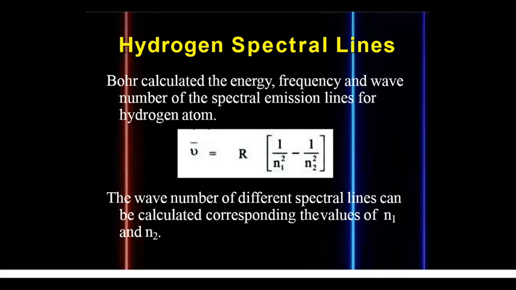And we have calculated the formula for the frequency of the emitted radiation. So here we have got the expression for nu bar, that is wave number, which is R into 1 by n1 square minus 1 by n2 square, where R is the Rydberg constant.